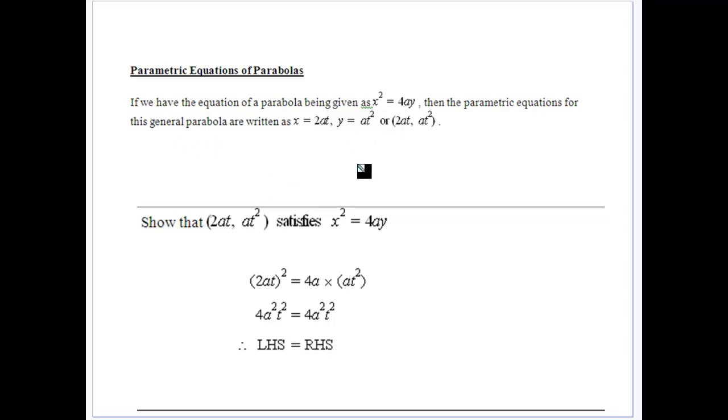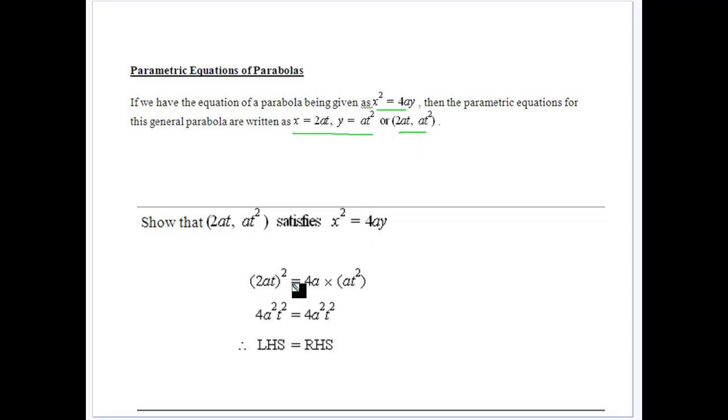So if we've got a parabola and we're back to this form, x squared is equal to 4ay. Now if we have that equation, then our parametric equations would be x being 2at and y being at squared. So we could write it 2at, at squared. Now, how does it come about?